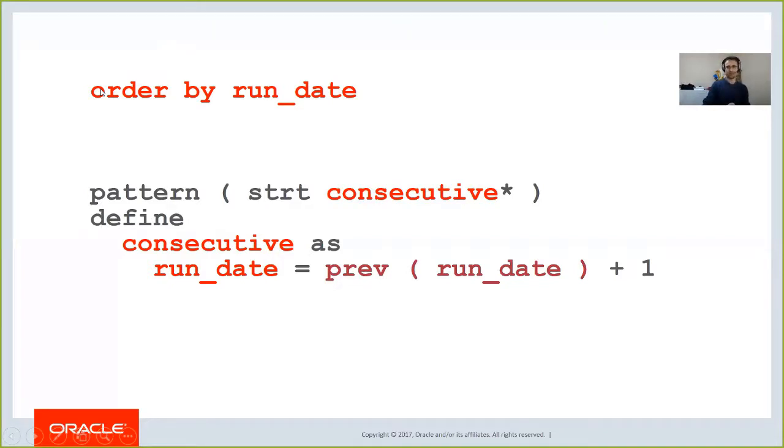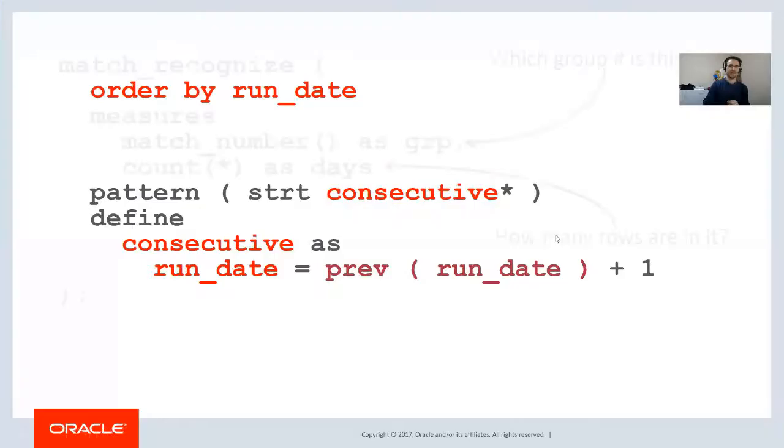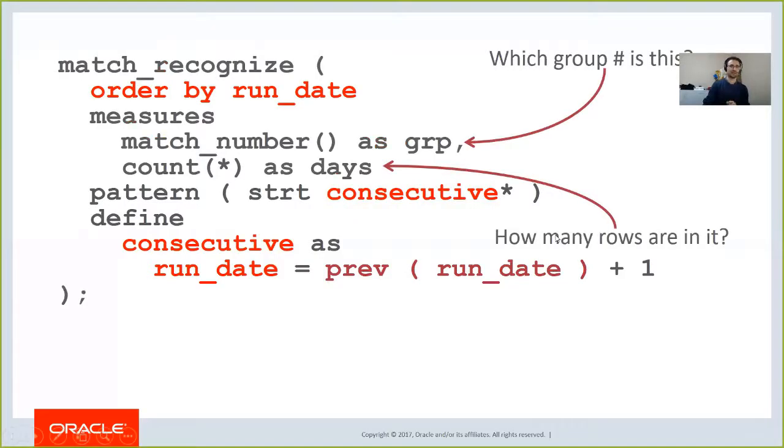Then there's one last thing we need to do, or would like to do, I should say here, and that's add a measures clause. And the measures defines columns in your output. So match recognize sends the results up to the select clause, and we've defined some things we want to appear here. First up, match number, I should say.